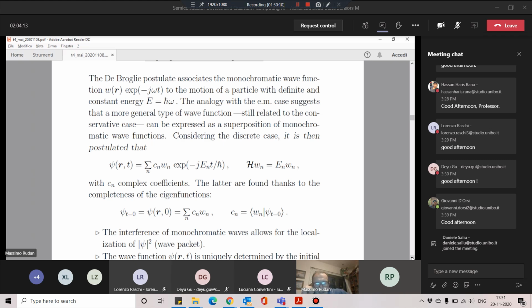And the ingredients W sub n and E sub n are provided by the Schrödinger equation independent of time that we build up because we know the potential energy of the specific problem. So now we stop and we shall continue in 10 minutes.